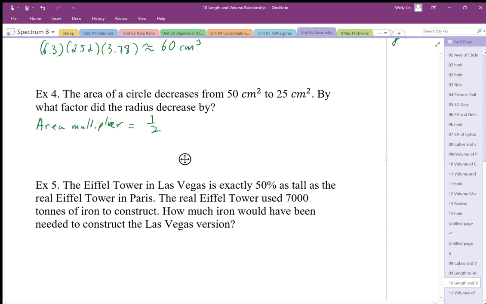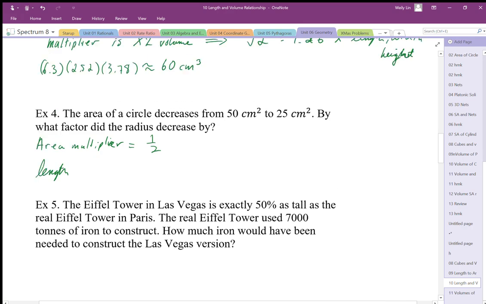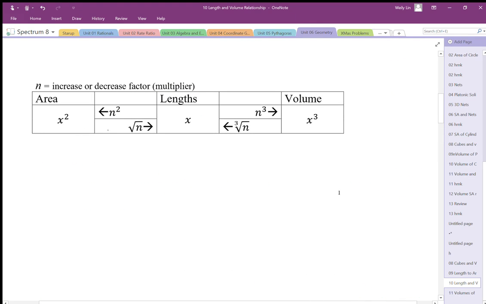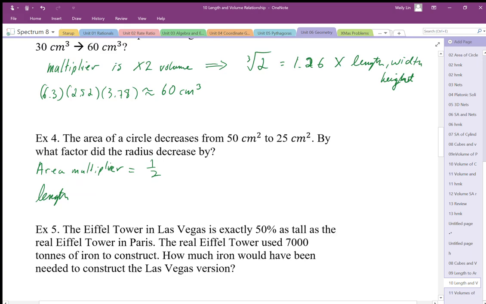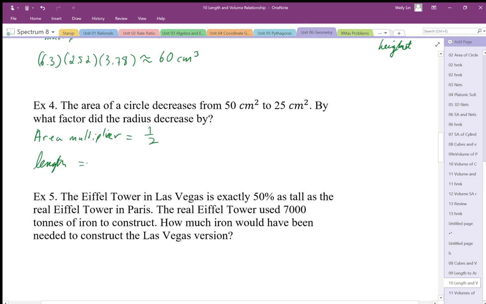So if the area multiplier is 1/2, then my length multiplier is going to be, if I go back to my chart here, area to length multiplier, I square root. So my length multiplier is going to be square root of 1/2. And I'm going to end up with 0.707 times my length. Okay, so the radius decreased by about 71%. If I decrease my radius to about 71%, I decrease my area by 50%.